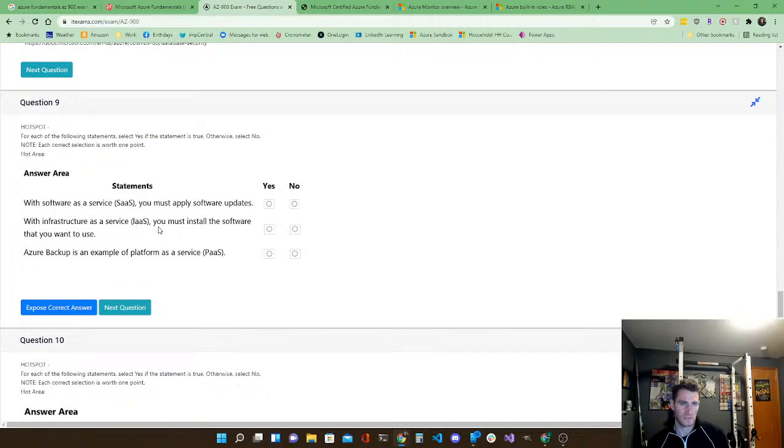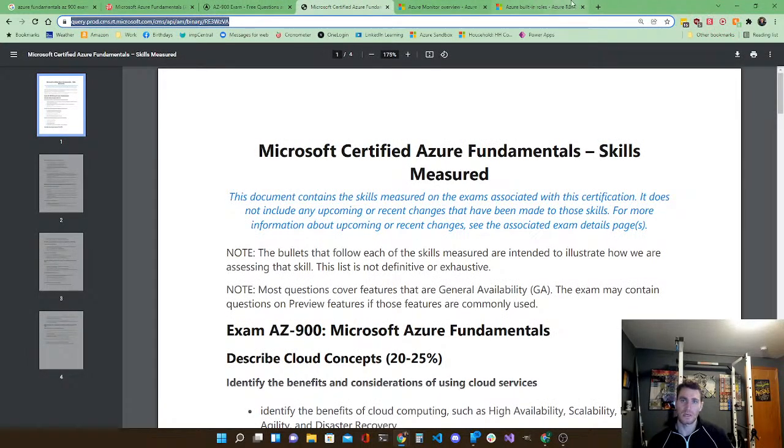Infrastructure as a service, you must install the software that you want to use. No, you have complete control, so no. Azure Backup, an example of platform as a service. Azure Backup, I haven't really looked into that a whole lot.